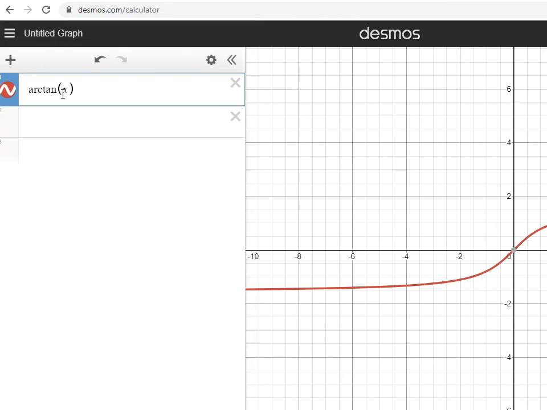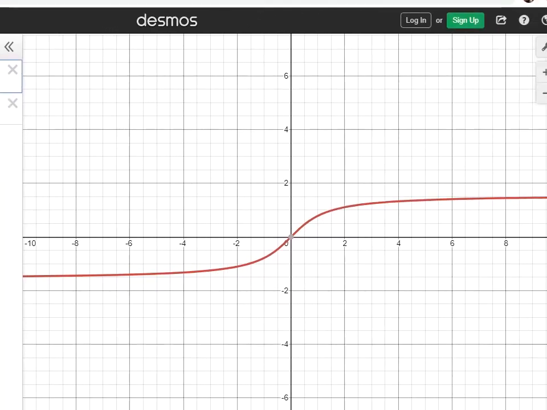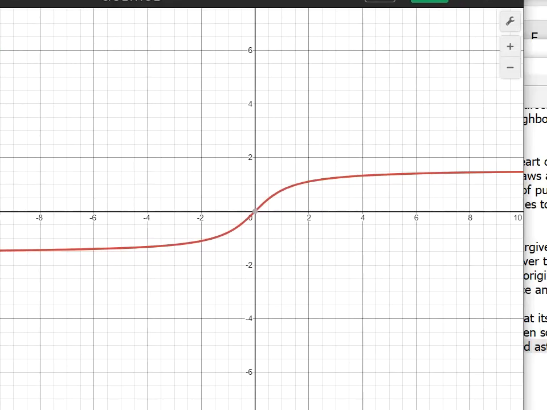Okay, I'm going out to desmos.com/calculator to show this arctangent of x equation, and you can see its domain goes from negative infinity to positive infinity, but its range goes from, I think you'll find, negative pi over 2 to pi over 2, or negative 90 degrees to positive 90 degrees if we did it in degrees.